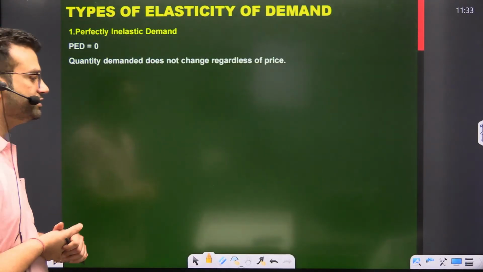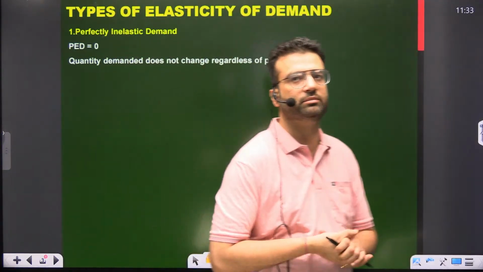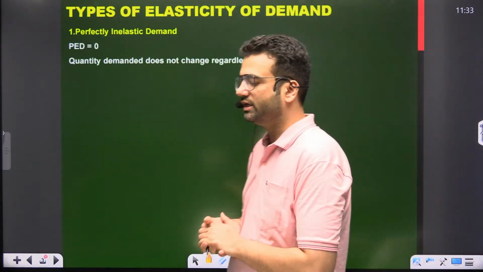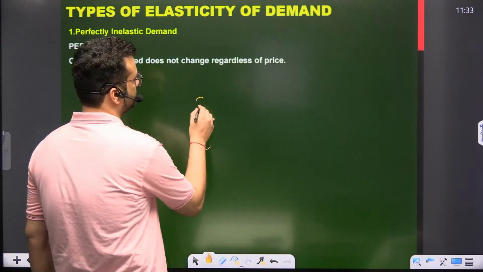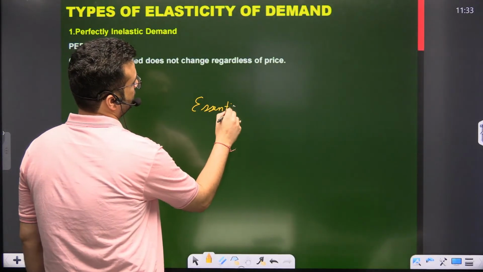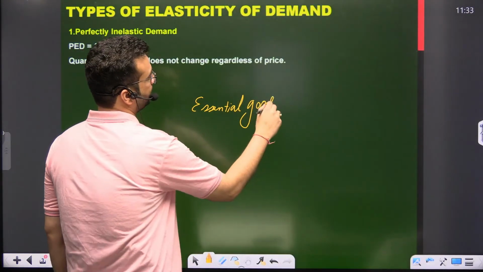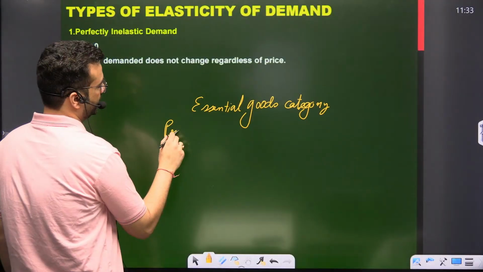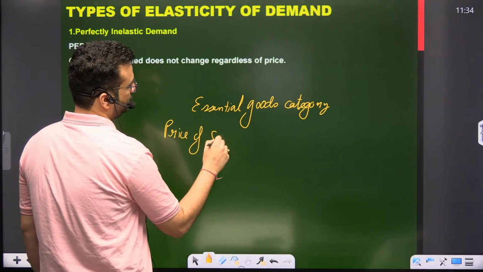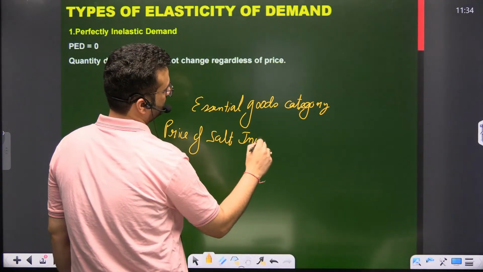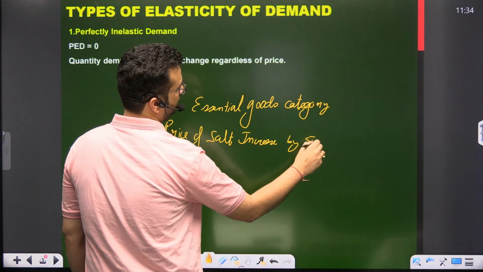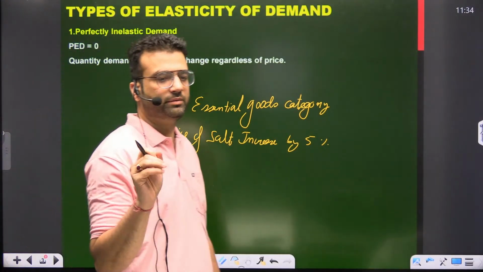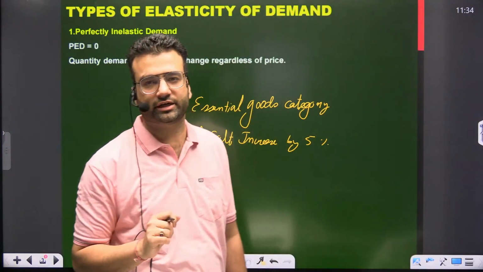So moving ahead, first of all, what is perfectly inelastic demand? Perfectly inelastic demand means quantity demanded does not change regardless of price. Now, the essential goods category. If the price of salt increased by 5%, still there is no change in demand, because people will consume salt as it is an essential.